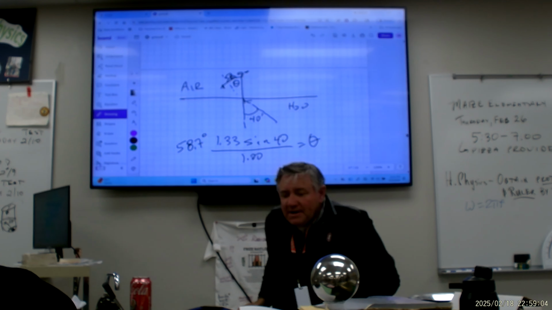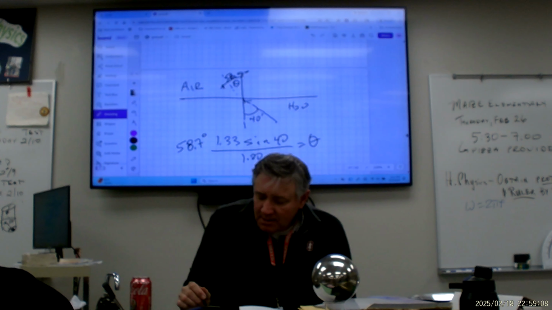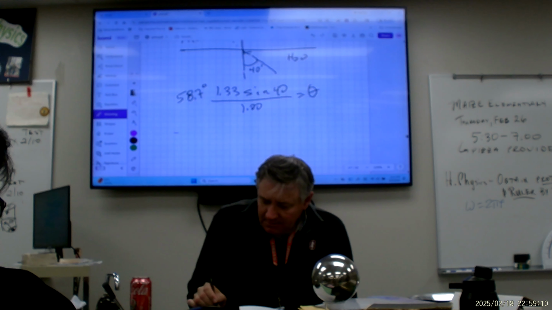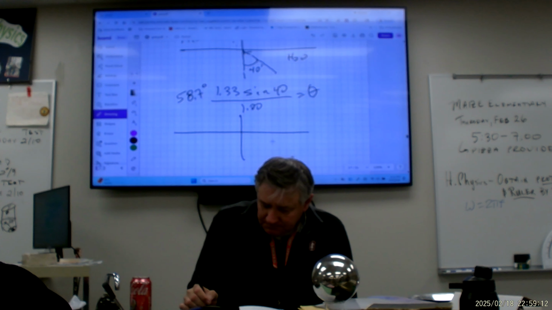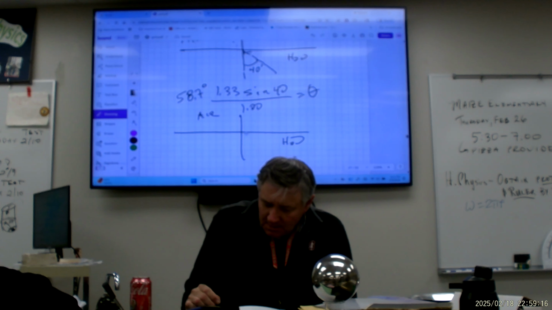Cool. Now we're going to shift it. That was at 40. Now I want to do the same thing, water to air, but now we're going to make that 50 degrees.